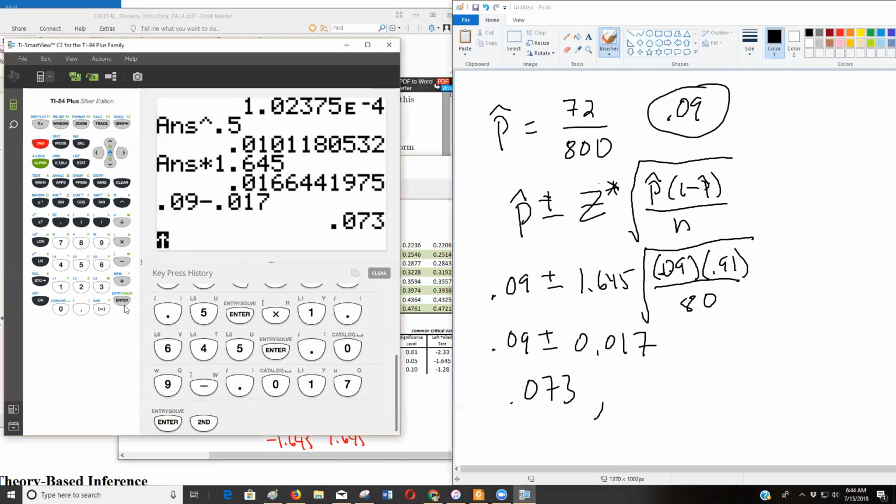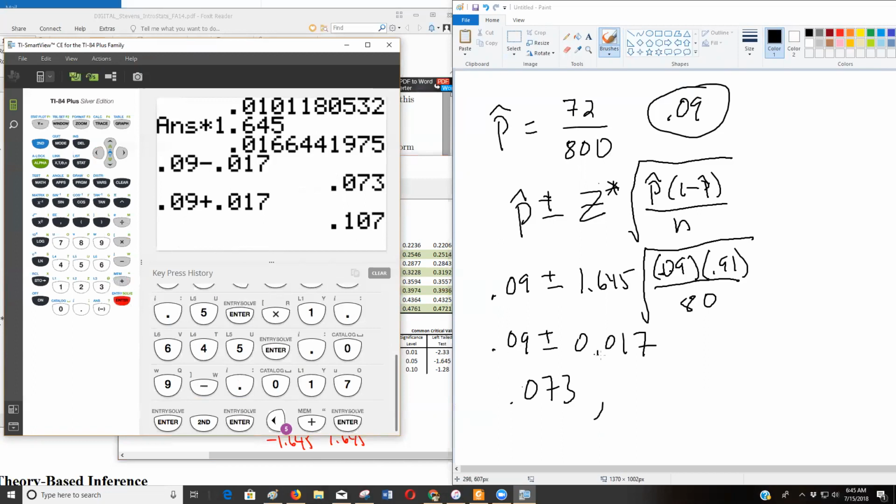So I'm going to be lazy and not retype all that. And our upper bound is about 10.7%. And that's our confidence interval.